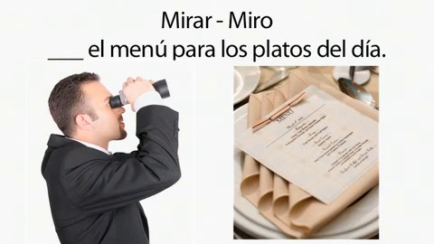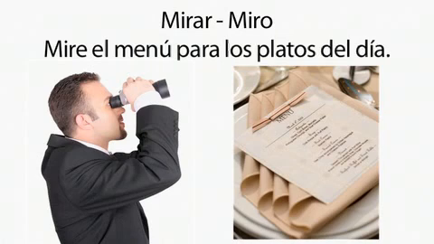Why don't you try a few on your own? I'll give you the infinitive and the indicative yo present form. You give me the usted command and say the whole phrase aloud. Mirar, miro, el menú para los platos del día. Mire el menú para los platos del día.